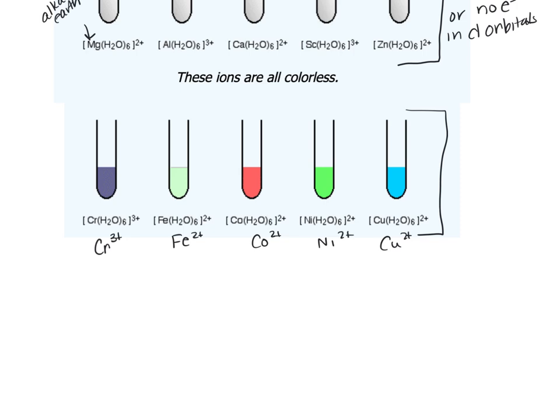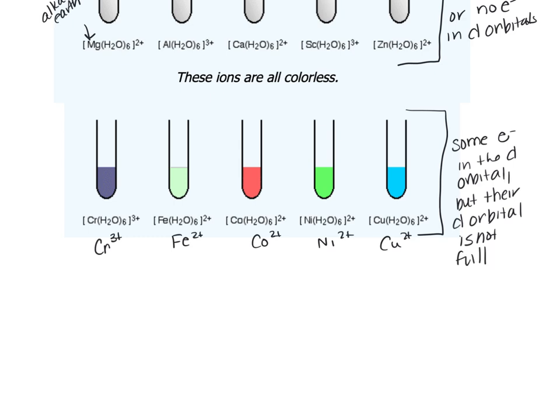All of these have a color, and they have some electrons in the d orbital, but their d orbital is not full. And so what this suggests is the partly filled d orbital is involved in generating the color in some way, right? And a lot of places will define transition metals as having partly filled d orbitals.